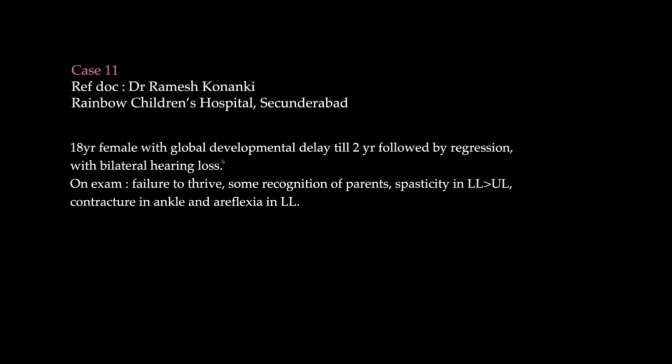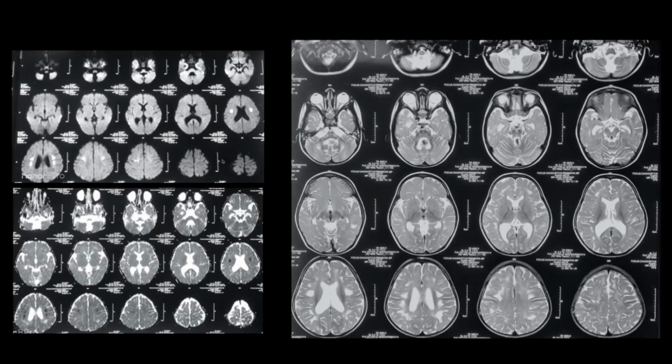Just ongoing regression and hearing loss, or has she been stable? She started losing the milestones gradually. By around 4 years of age, she became non-ambulatory. And then later on, when they evaluated at that time only, they found that she had bilateral hearing loss as well. So from that time, she's been almost bedbound, sir.